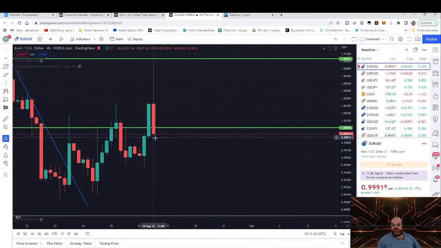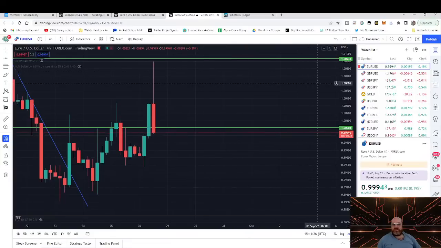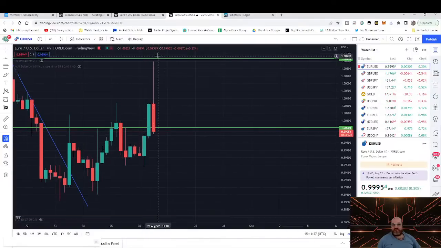My view a couple of days ago was that we are going to go downwards. This was something unexpected, that we're going to go all the way up here, because we had a trade here with a very comfortable stop loss, but that was hit because of this super spike up here. So there must be some type of news that really made this spike up.